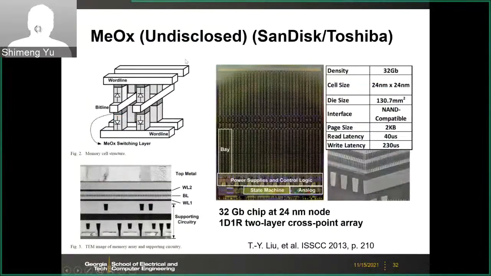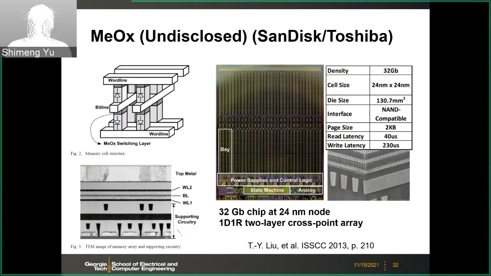And next, in ISSCC 2013, SanDisk and Toshiba jointly published this cross-point array, and we have actually discussed this before in the array level design lecture. This is the 32 gigabit RRAM chip, and the RRAM half pitch is 24 nanometer, but the peripheral circuit is maybe at 180 or 130 nanometer.